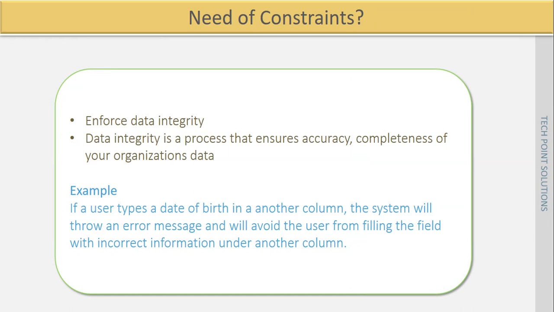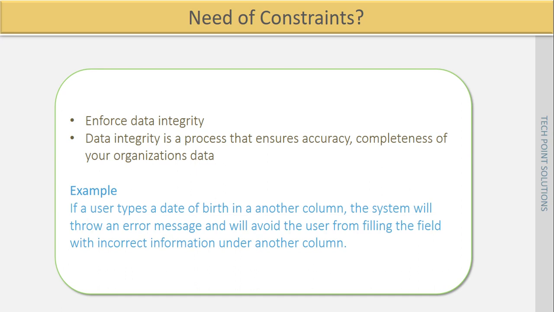Now, what is the need of constraints? The first is to enforce data integrity. Data integrity is a process that ensures accuracy and completeness of your organization's data. That means your data should be very accurate. Your data should not contain unknown values, invalid values or duplicate values.